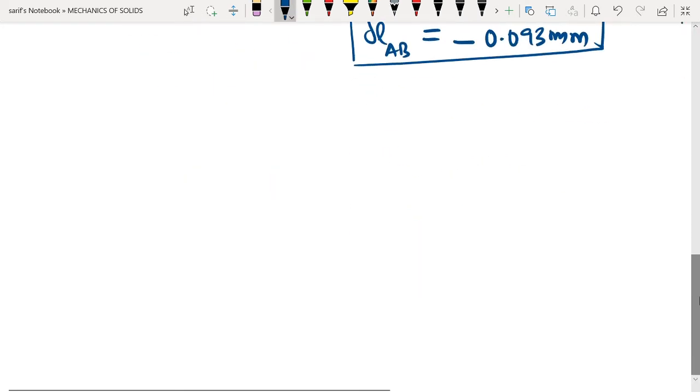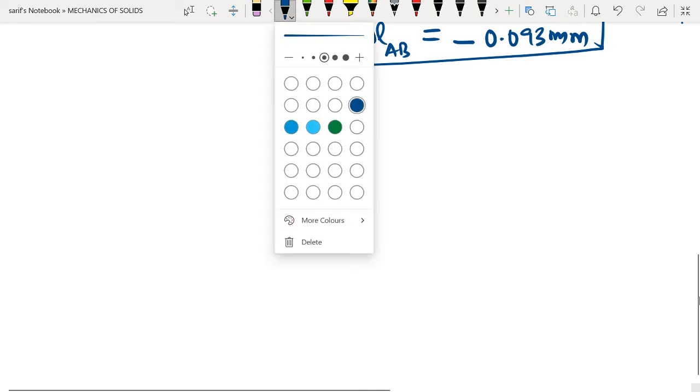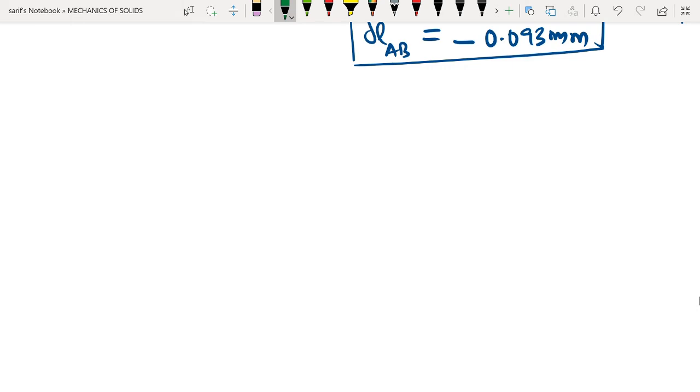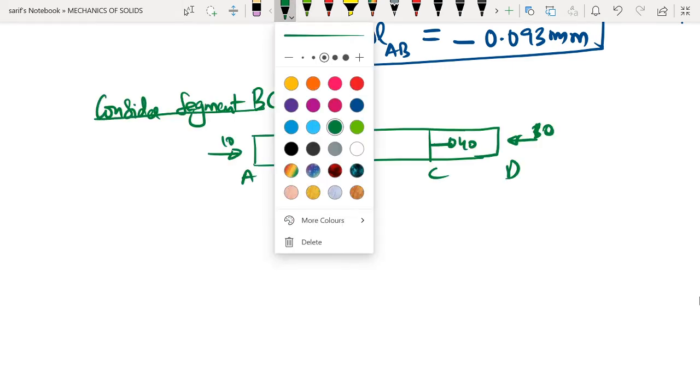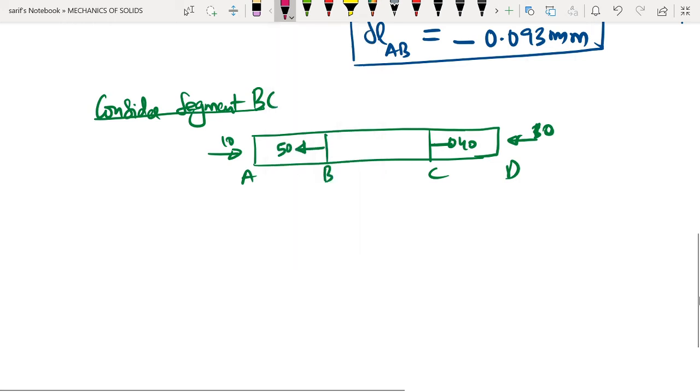Next we have to consider the segment BC. Again, to find the state of stress in the region BC, we have to make a cut section anywhere in the region BC. So we make a section x2, x2.